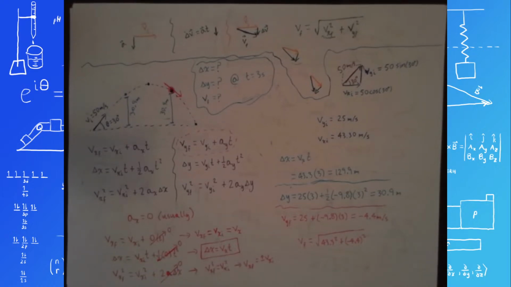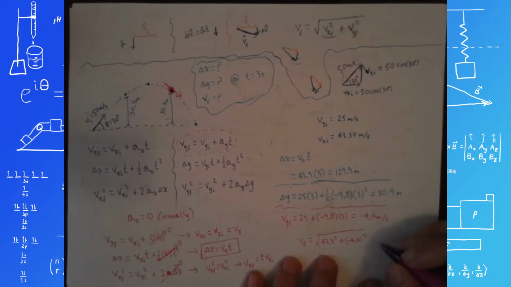If I put all that under a square root, what do I get? 43.3 squared plus 4.4 squared. Right, when I square, the negative disappears. And I'm getting 43.52298. I'll just round to 43.52.